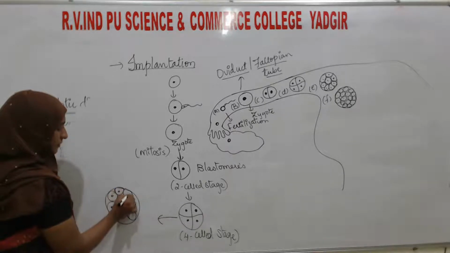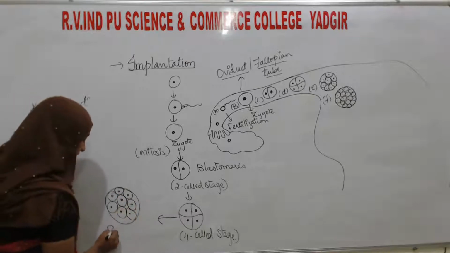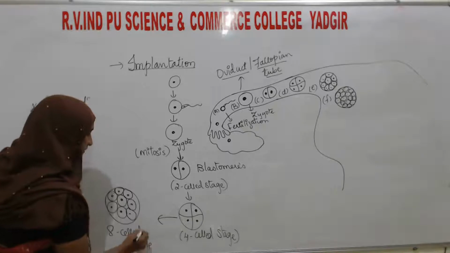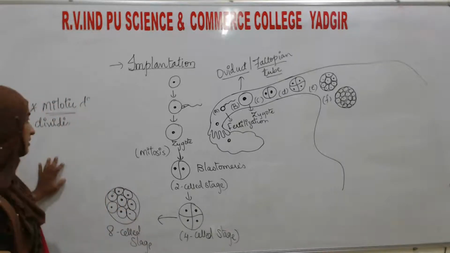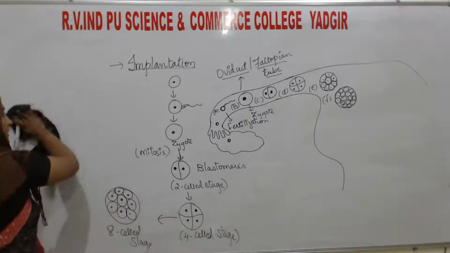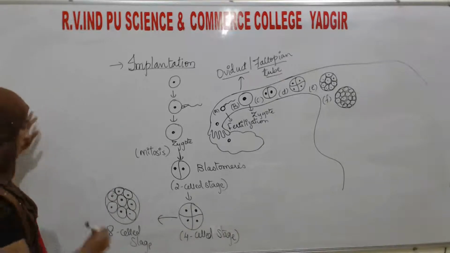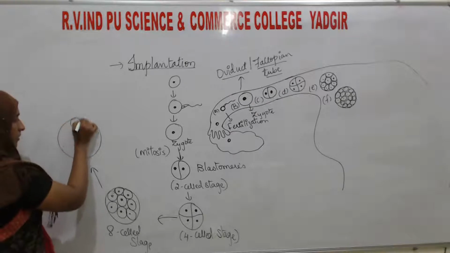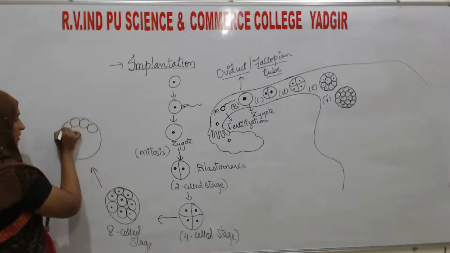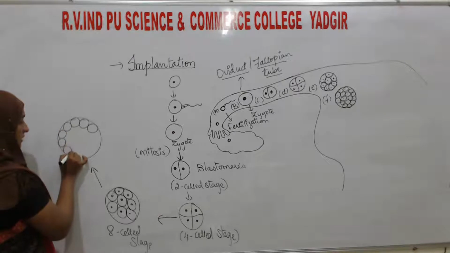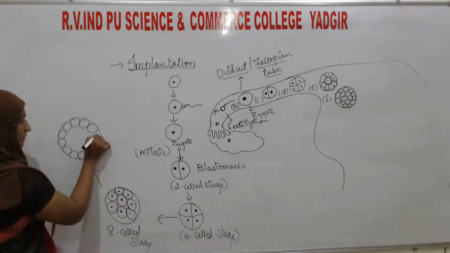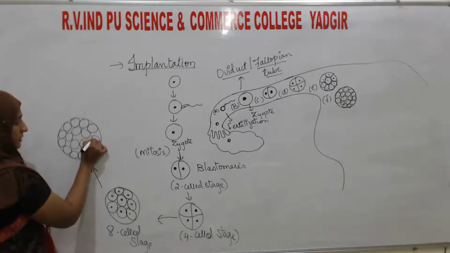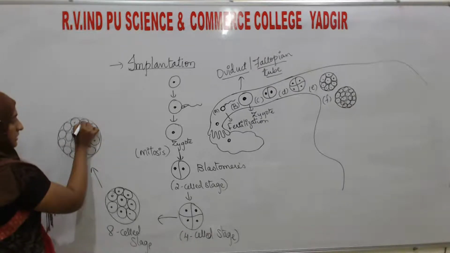This is the 8-celled stage. After this 8-cell stage, it will further divide to form 16 cells. This is the 16-cell stage.